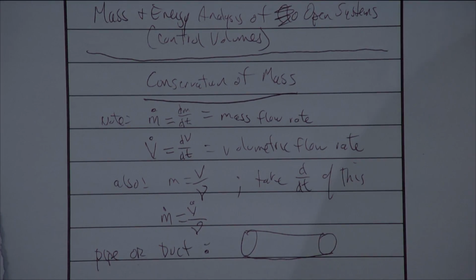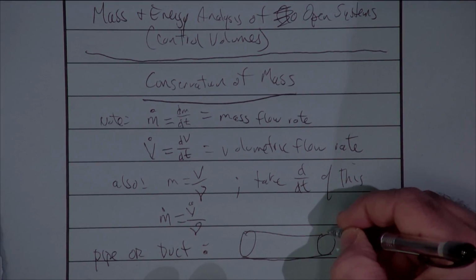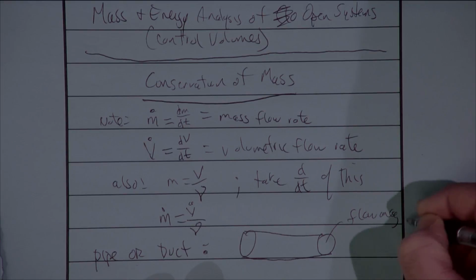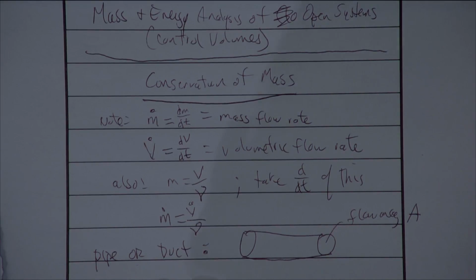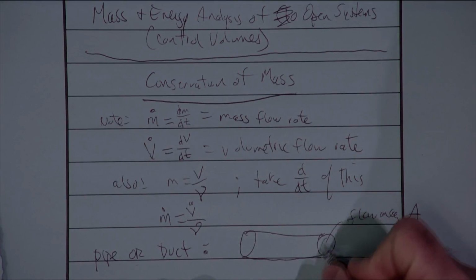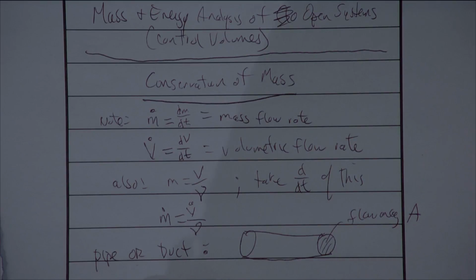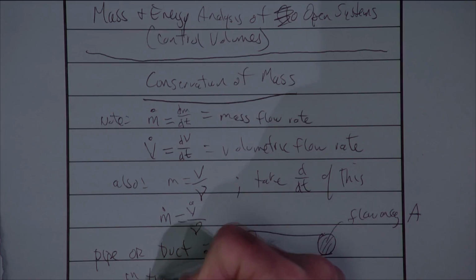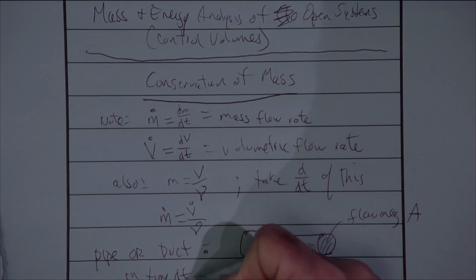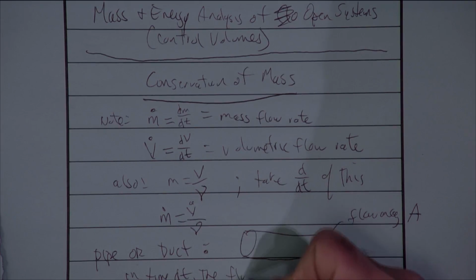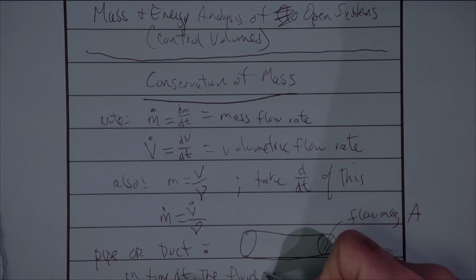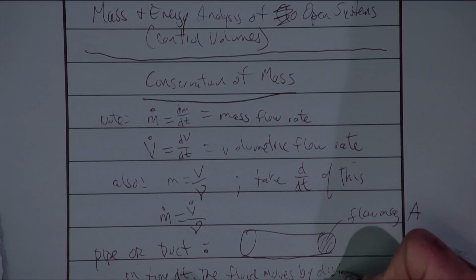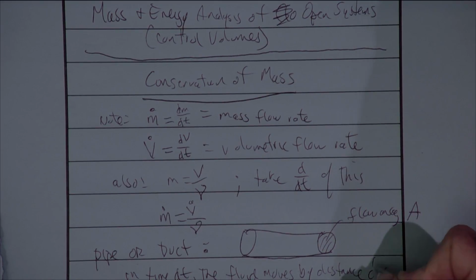So there's my piece of pipe. And this pipe is going to have a flow area of A. So that's going to be the area. It's the cross-sectional area, if you will. And let's also note that in time dt, the fluid, which could be a liquid or a vapor, moves by a distance dx.